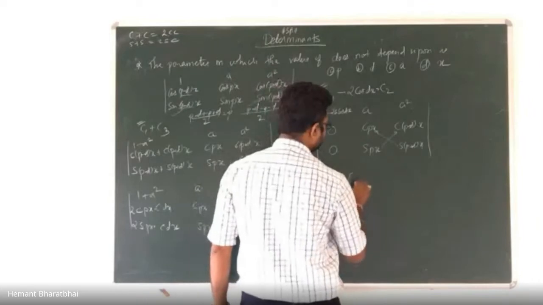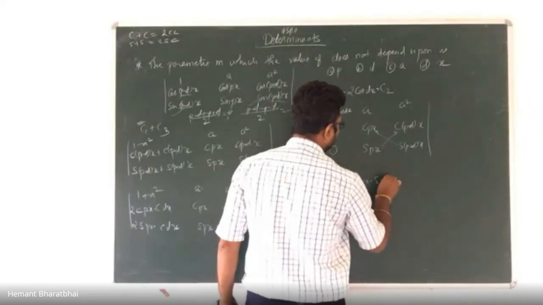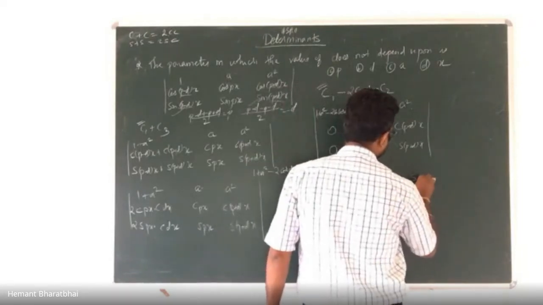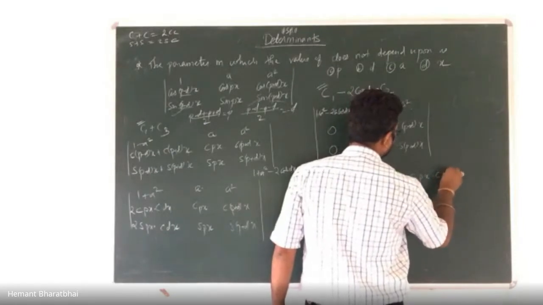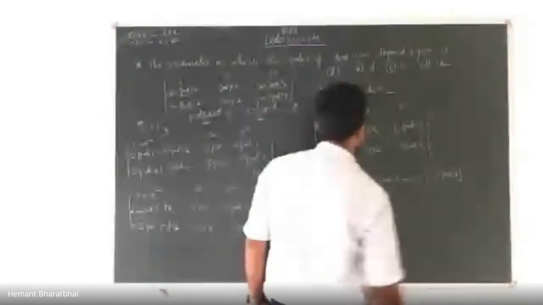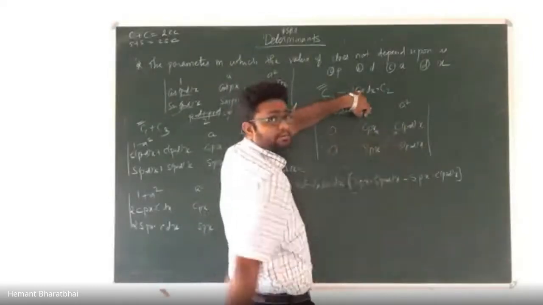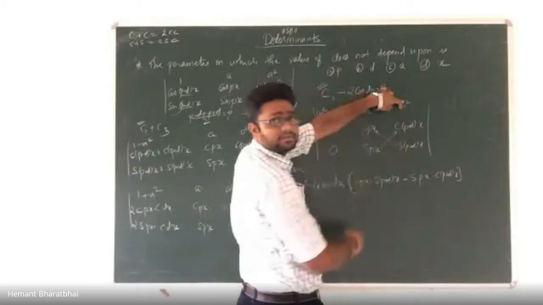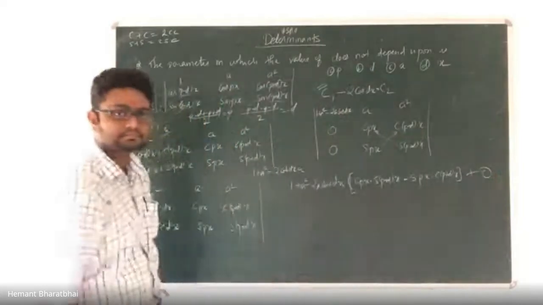So that will become cos px into sin of p plus dx minus sin px into cos of p plus dx. Then a into 0 is 0, this into 0 is 0. Similarly, a square into this into 0 is 0, this into 0 is 0. So all this comes and I'm going to get 0.